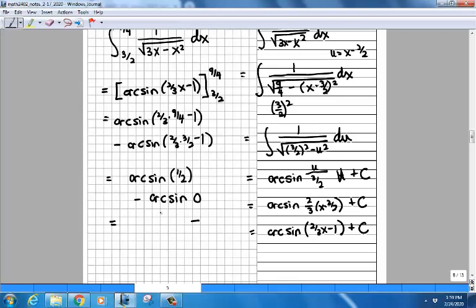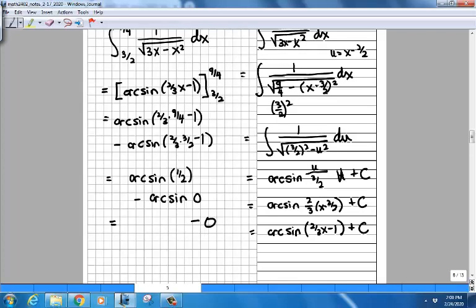Look on your cheat sheet if you have to. 0, right? So arcsine of 0 is 0. Sine of 0 is 0, so arcsine of 0 is also 0.